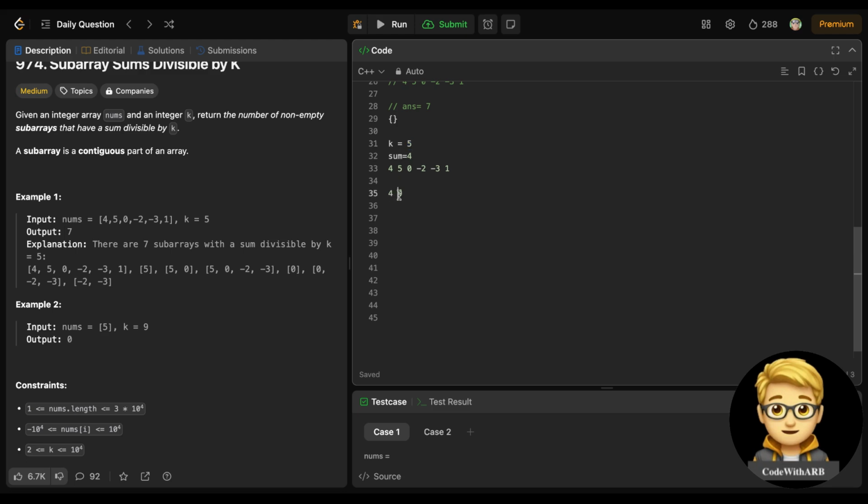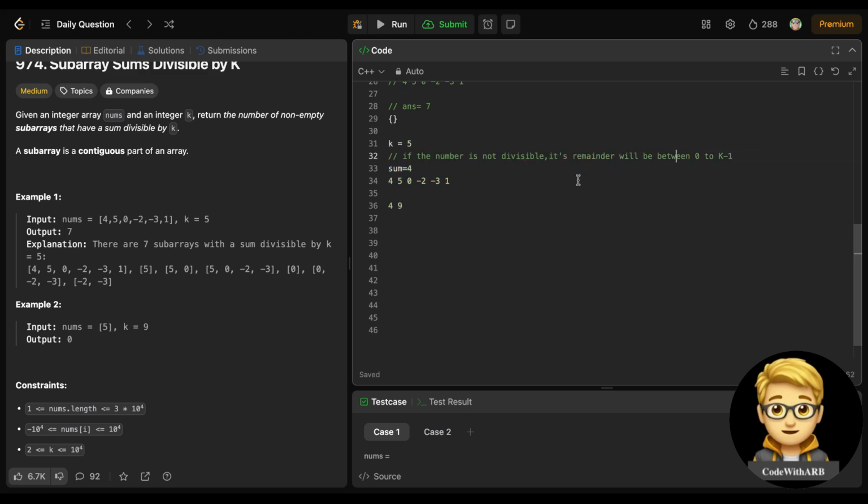So what I will do is take the modulus of that, because if the number is not divisible, its remainder will be between 0 and k minus 1, for sure, right?